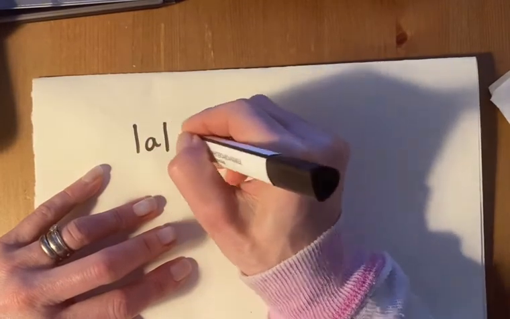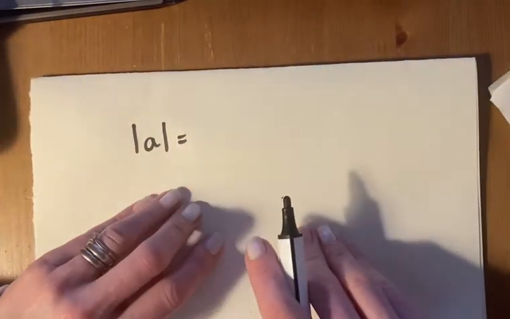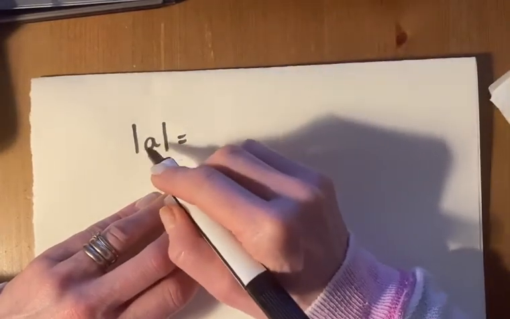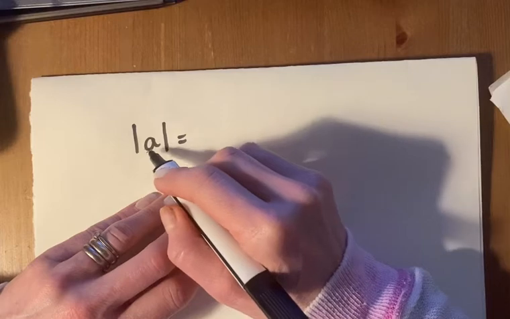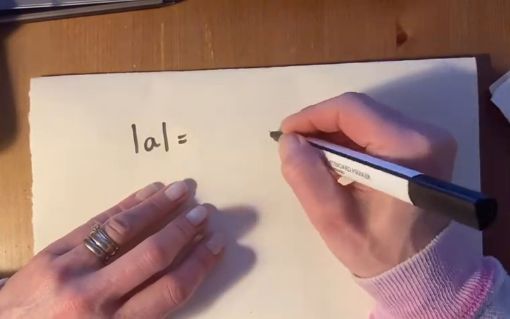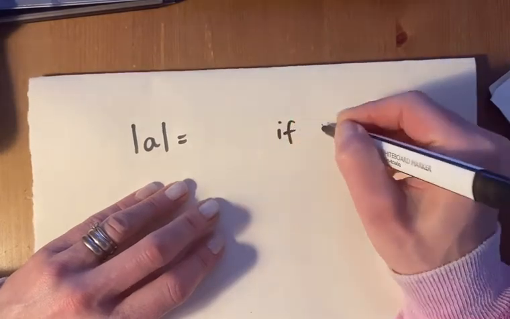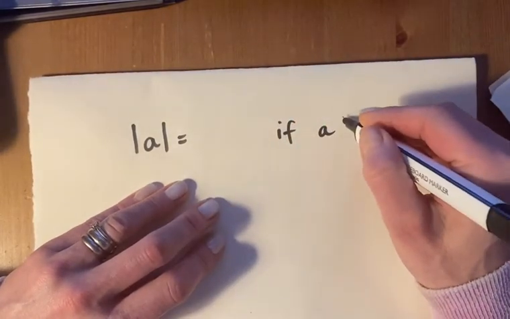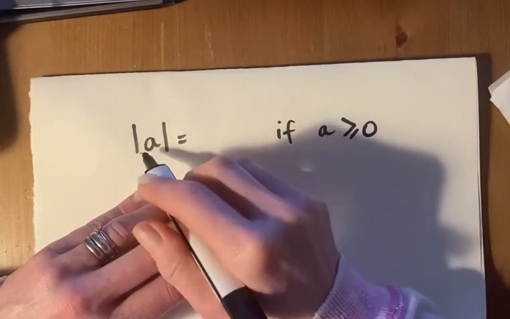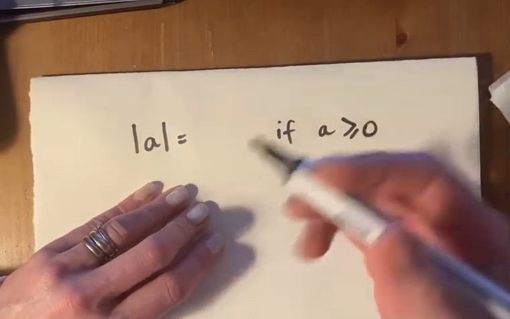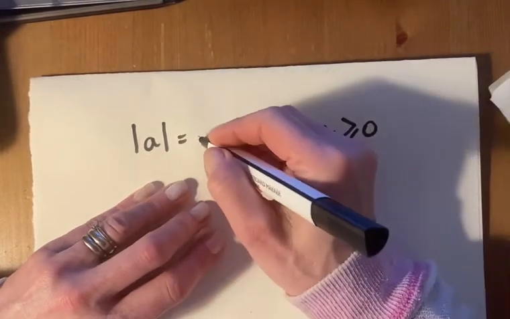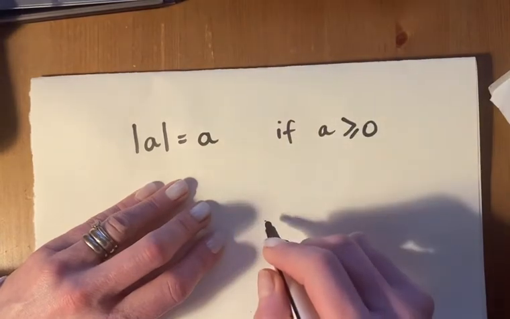Now, another definition which might seem a little bit confusing, but I think is common sense if you think about it carefully. You could define modulus of a in two ways, depending on whether a is negative or non-negative. If a is non-negative, meaning greater than or equal to 0, for example 5, or 6, or 1.5, then the modulus of a is equal to a.